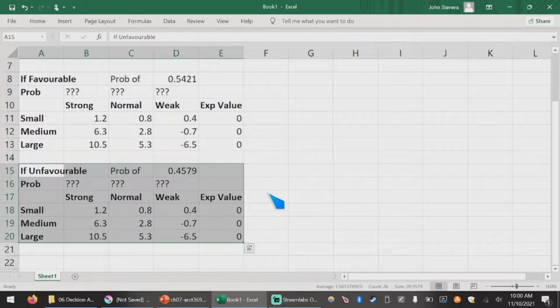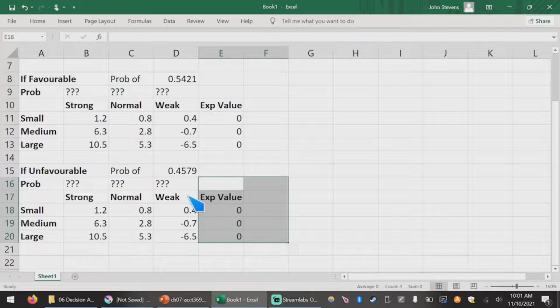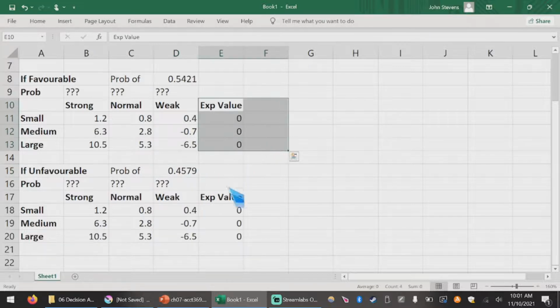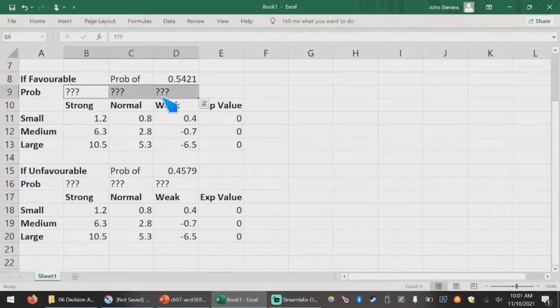Whatever expected profit I'm going to make from a favorable market survey, it'll be happening with a probability of 54%. A little more than 50-50. But there's also a chance it's unfavorable. Whatever profit I can expect to make from unfavorable, I'm going to get that 45-ish% of the time. So now I just want to figure out, what are these profits? I have to do them separately. If it's a favorable market survey, I need to find these probabilities.